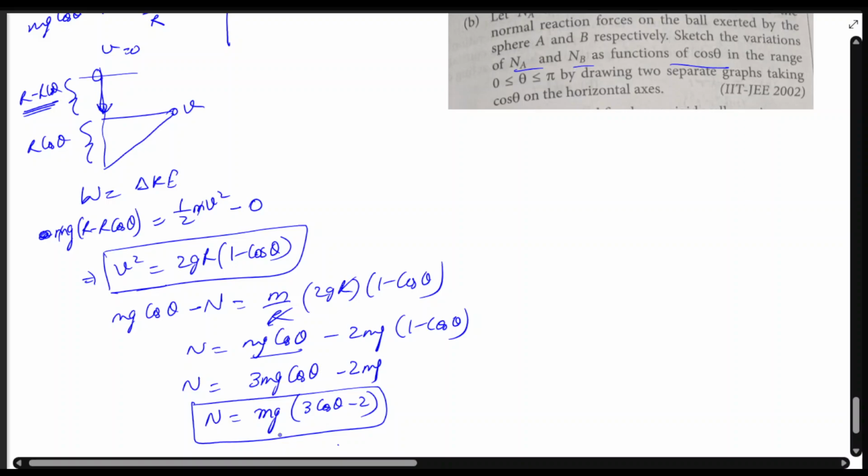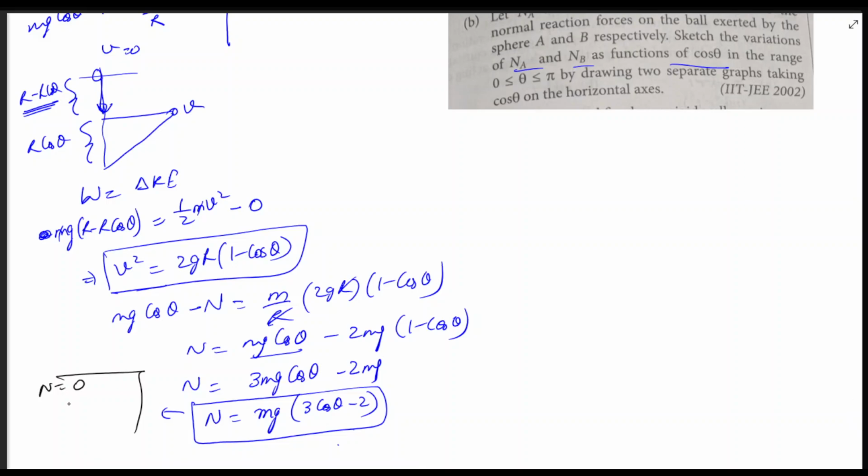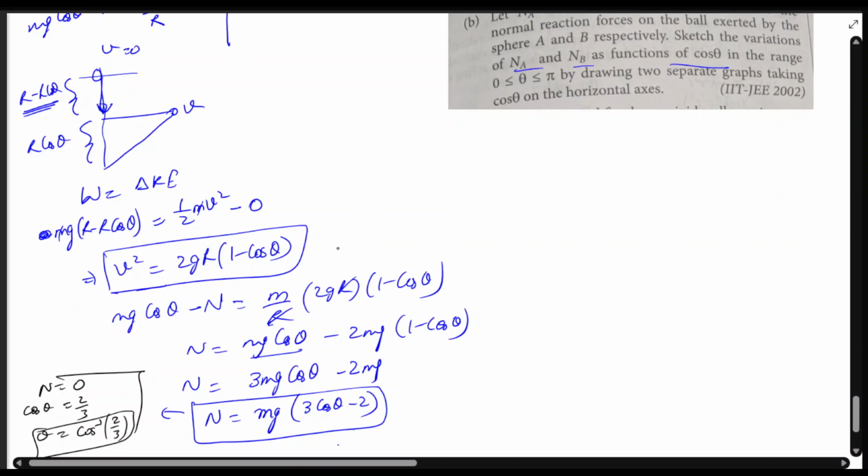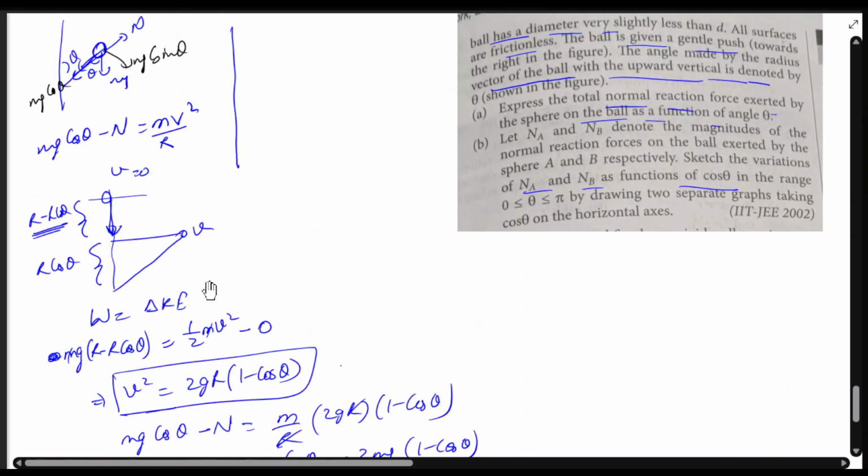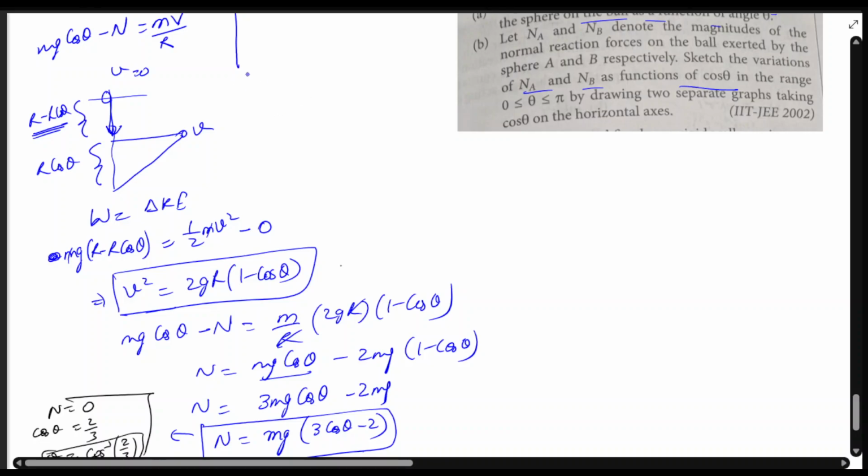And if I'm just writing it as an extra, if normal is 0 it means it is losing the contact with the sphere A. So cos theta will be 2 by 3. So theta will be cos inverse 2 by 3, right? We have done that. We have studied this. So, okay, perfect. So this was for the sphere A.